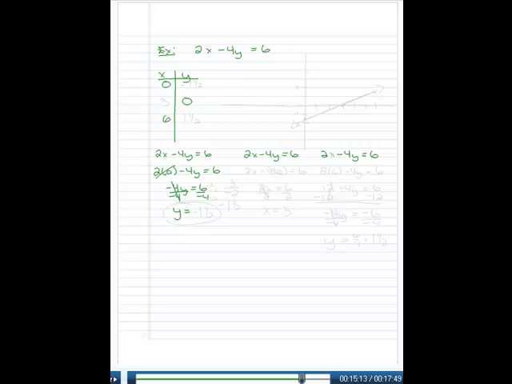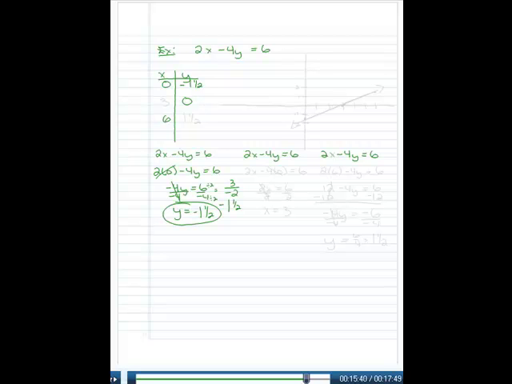Y equals, and we're going to simplify this. So 6 over negative 4, I can simplify it by 2. So I can get 3 over negative 2. And again, for the sake of graphing, we're going to make this a mixed number, which will be negative 1 and 1/2. So when x is 0, y is negative 1 and 1/2.